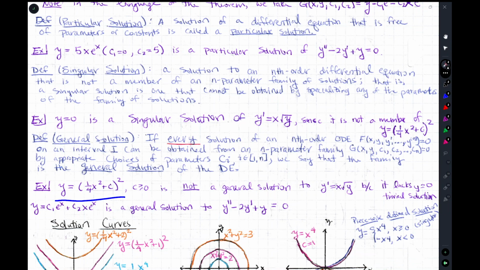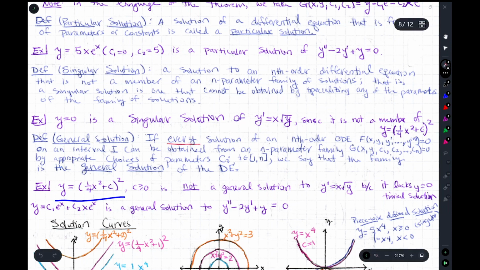So it's not a general solution. Remember, as long as you find one, then it can't be a general solution, okay? We love general solutions, right? If we have a general solution to a differential equation, it's like saying we found all solutions, okay?